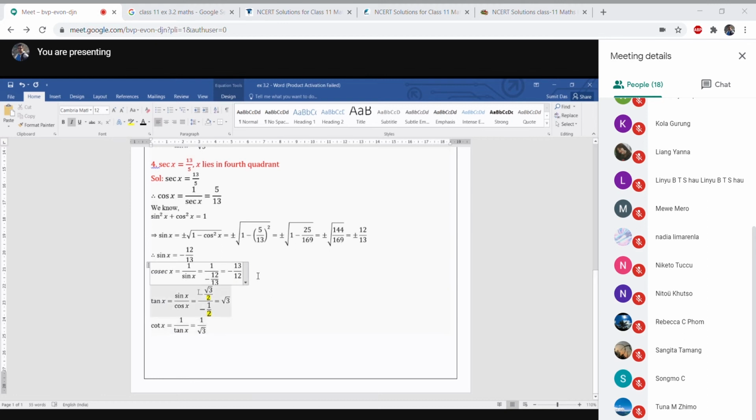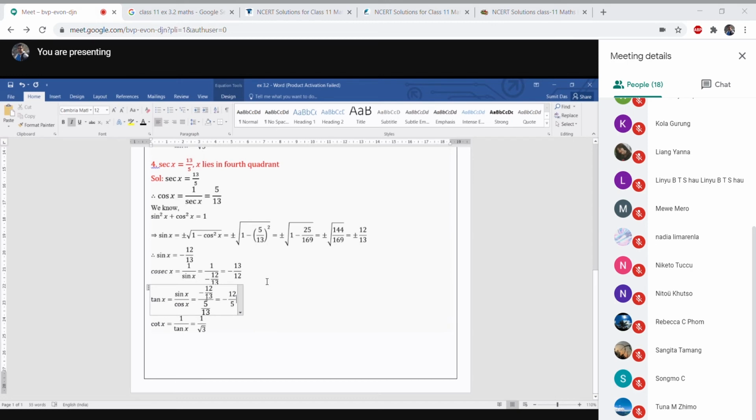Then tan x equals sin x by cos x. Sin x we got minus 12 by 13, cos x we got 5 by 13. So it will be minus 12 by 5, the 13s cancel.